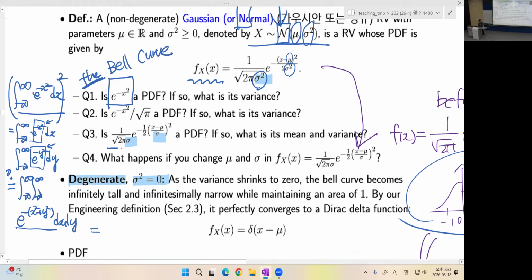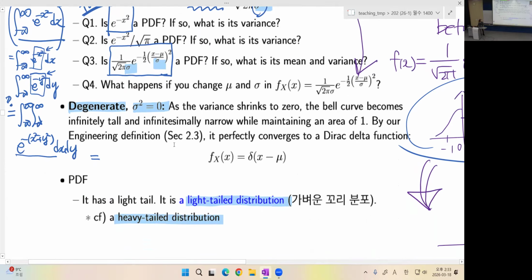So actually, after proper scaling and even shifting, you can find that the integration of this function, 1 over square root of 2 pi and e to the negative 1/2 x squared, equals 1 after you integrate. So let me write this way.